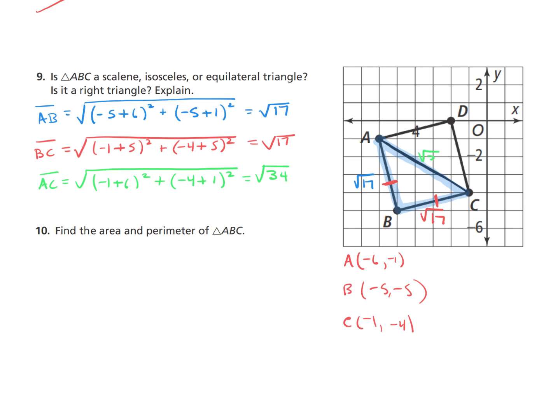All right, so AC is the square root of 34. So is this scalene, isosceles, or equilateral? Because we just ended up with two congruent sides, this is an isosceles triangle because there are two congruent sides.